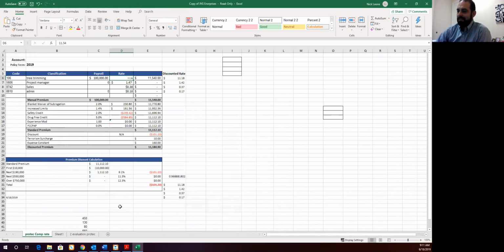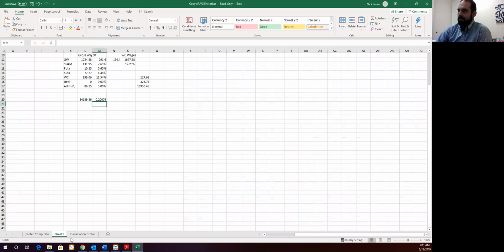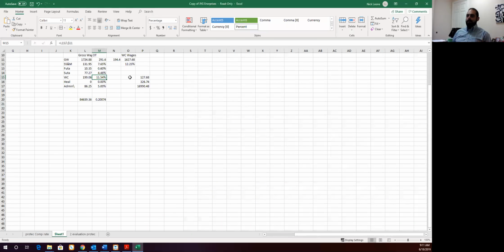Oh, wait a minute, we've seen that before. So when the business owner goes through and says, oh, look, I'm getting charged the state rate for it, but they're really not. If the business owner comes in and does some math and says, oh, look, the state rate's $11.54, they've got me at $11.54, I'm happy.